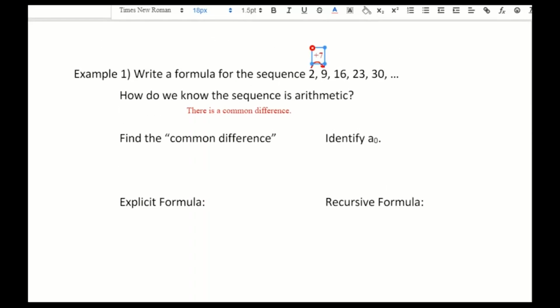Let me scroll down a little bit here. And to get from 9 to 16, I have to also add 7. To get from 16 to 23, I have to add 7.